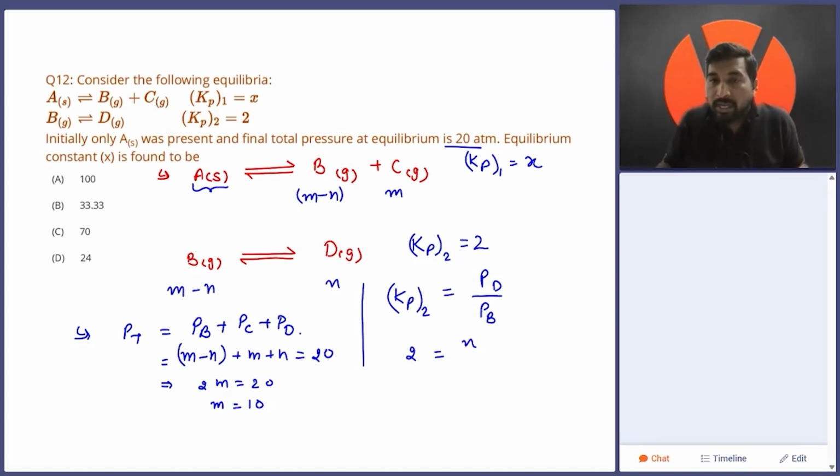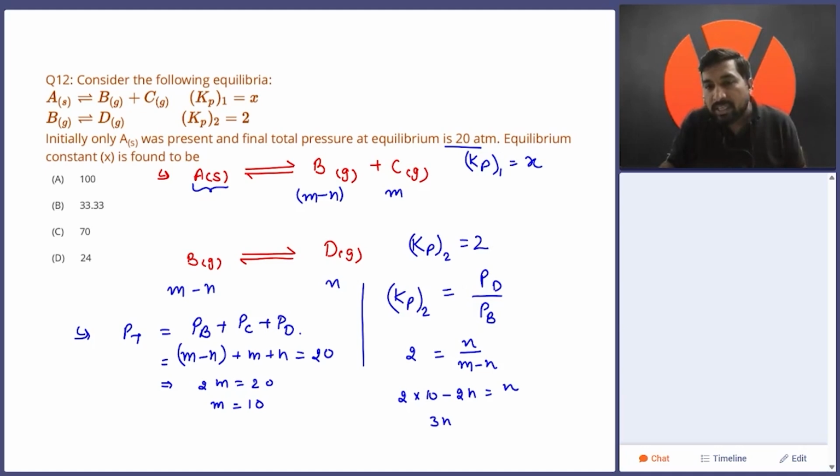That is N. And what is the partial pressure of B? That is M minus N. Now put the value of M and solve it for the value of N. So that is 2 into (10 minus N) is equal to N.